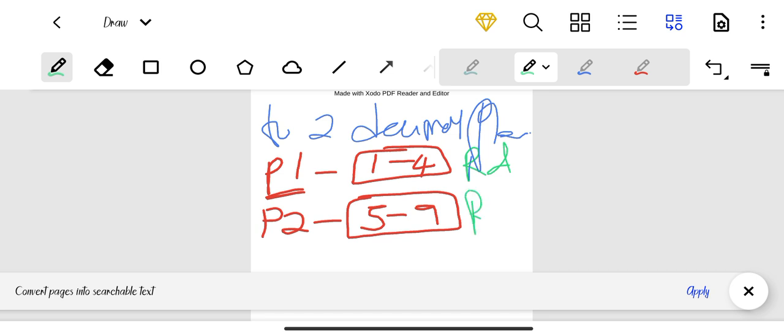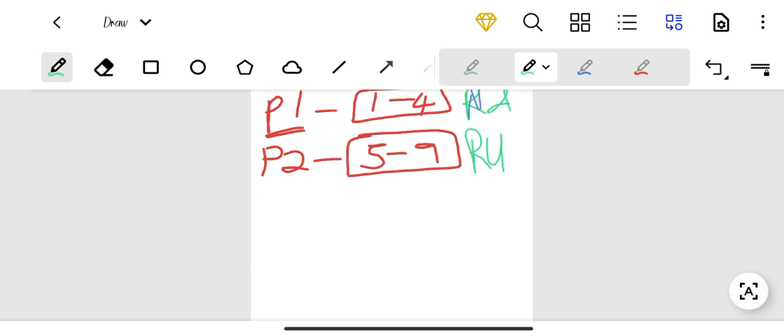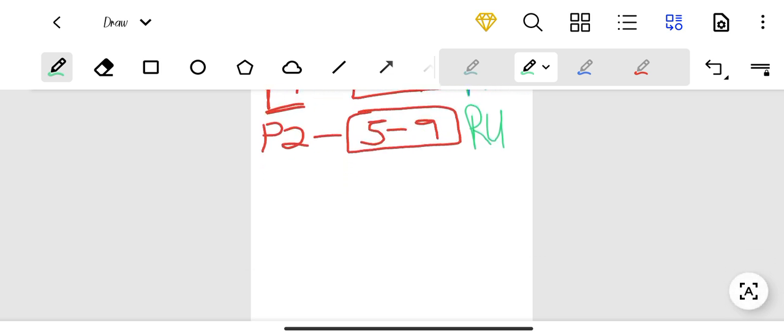So it's rounding up, right? So let's see. So let's say, for example, we are given a number as 954,543, and that is rounded off to 2 decimal places.